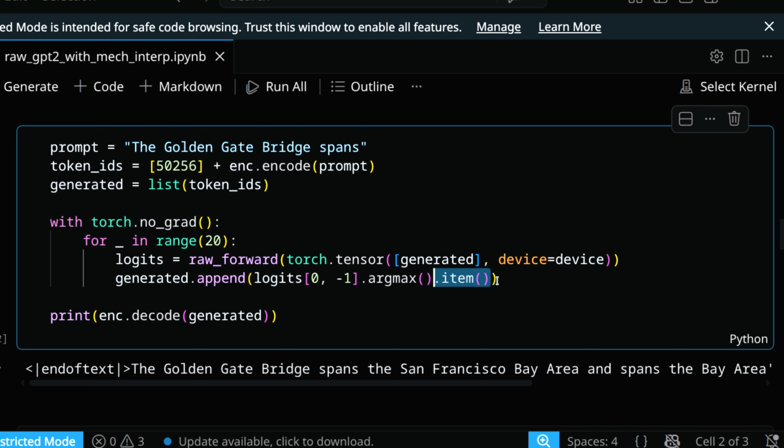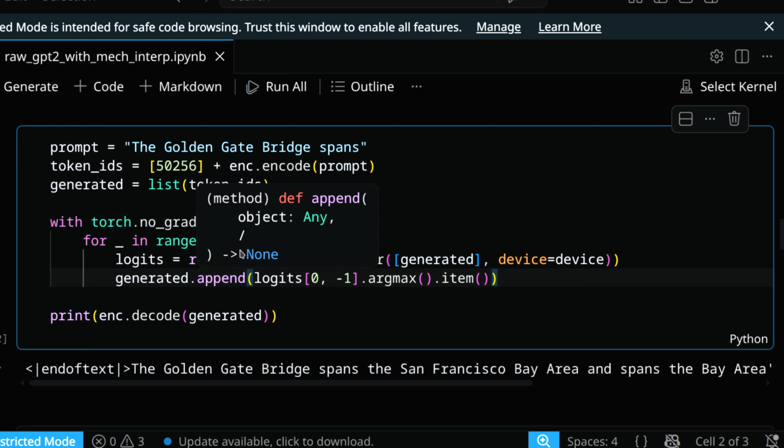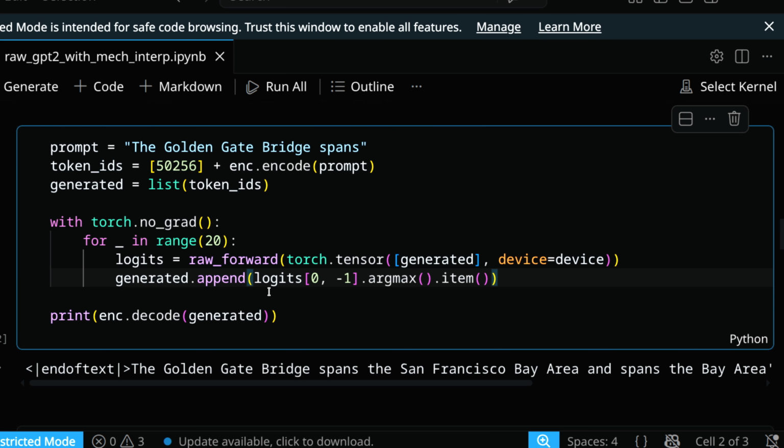So this basically pulls it out of the tensor, the item. So it would just be the number 1, and then it would append it up here. In other words, it would predict that 1 is the next token. And remember, 1 represents dog, so it would be saying that dog is its prediction for the next word.